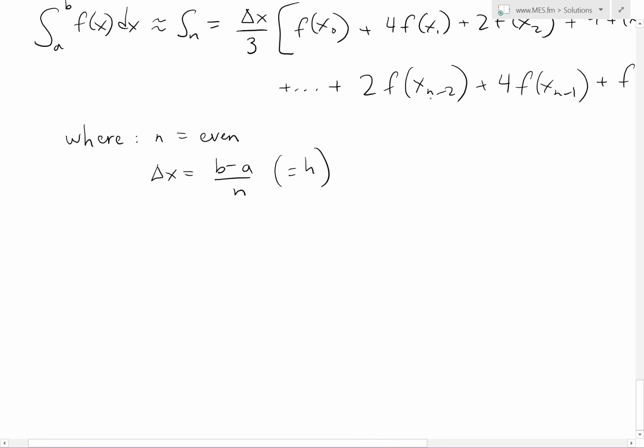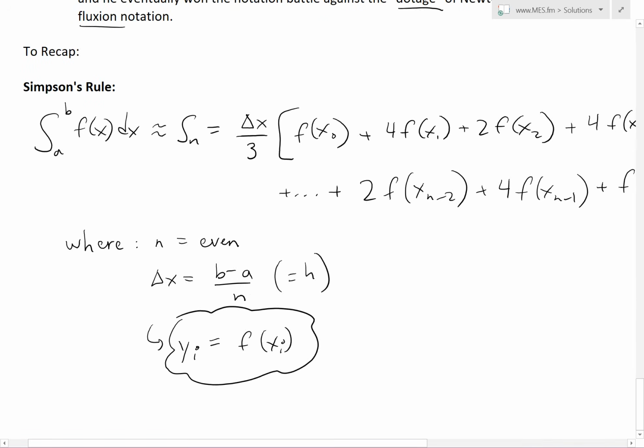And these ones here were all written as y i equals f of x i. So this is just for reference, what we used in our derivation to make it easier in writing, but they're all the same thing.